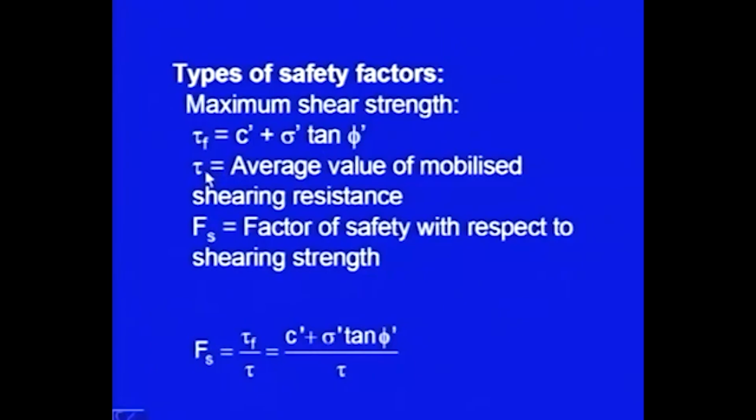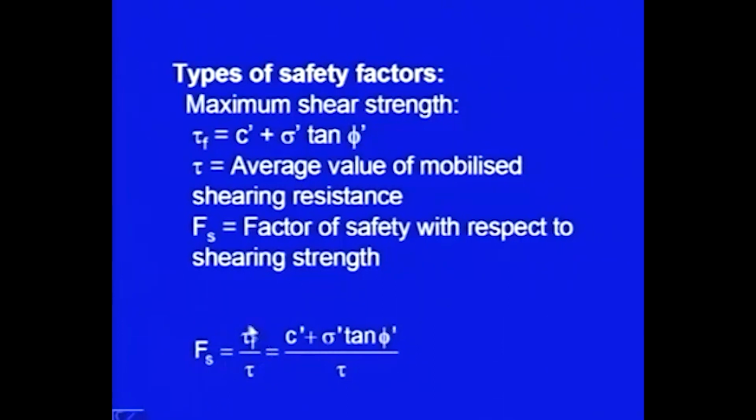And let us say tau is the average value of the mobilized shearing resistance, means if you resolve the forces and find out what is the acting shear stress, that is tau. Then factor of safety is defined as factor of safety with respect to shear strength. First of all, I am taking this particular factor of safety, I am designating it as Fs.